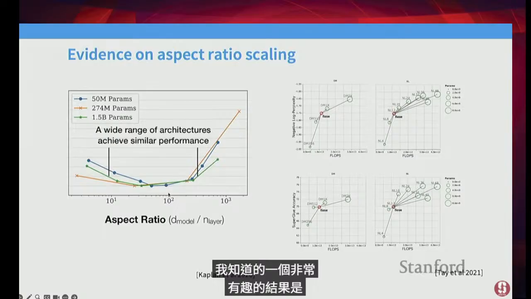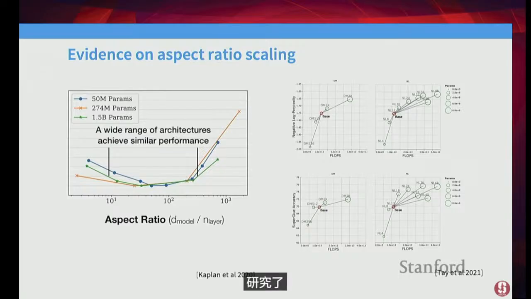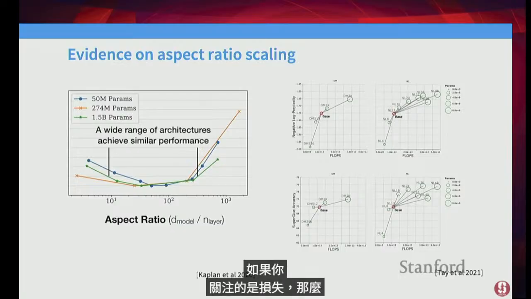One thing I will note that is quite an interesting result is that Tay and others at Google had a very interesting paper studying the impact of depth versus width, both upstream and downstream. And one of the things that they found was that if you're looking at losses, then it doesn't really matter. Parameter count is the only thing that matters.